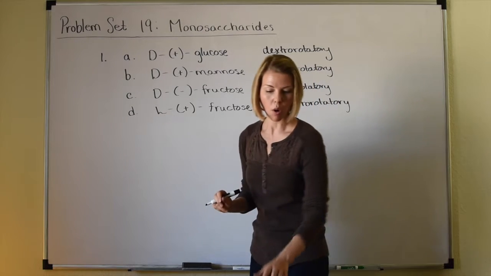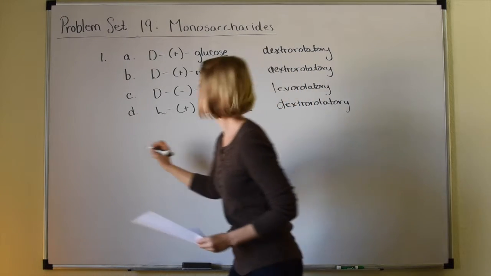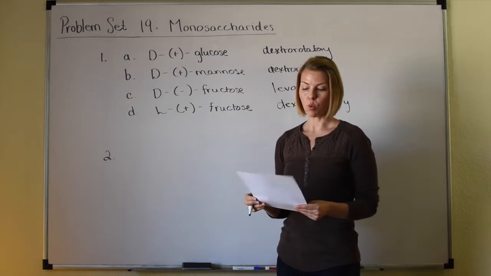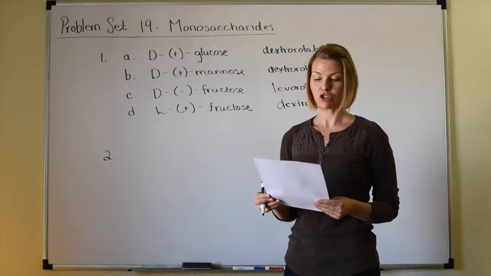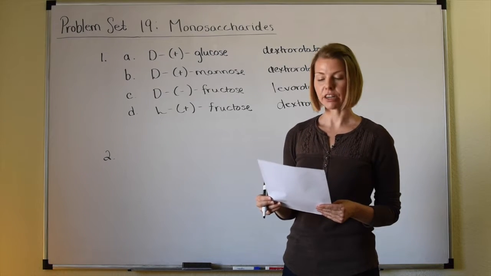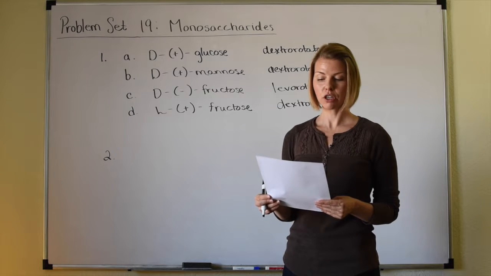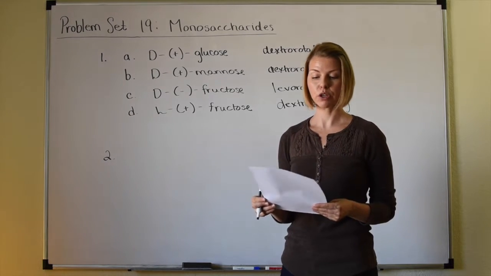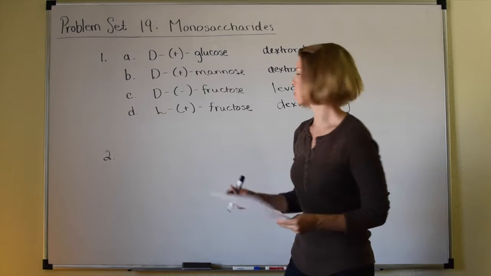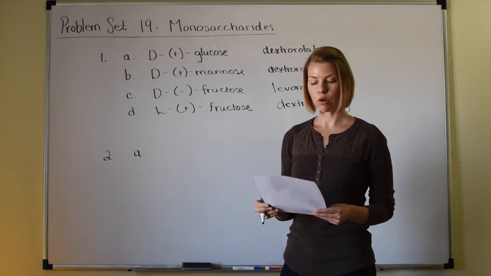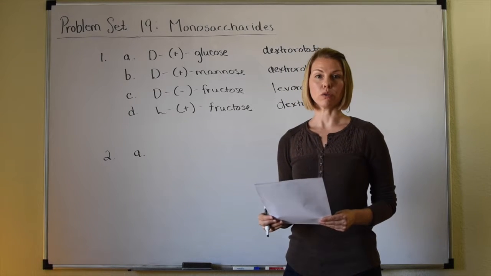Okay, so going on to number 2, match the pairs below with the word that best describes their relationship. Enantiomers, diastereomers, anomers, or structural isomers. Hint, relationships can be used more than once. Okay, so for A, we have D-glucose and L-glucose.